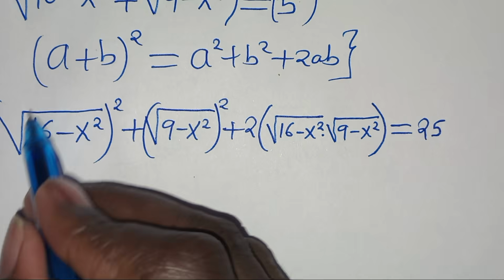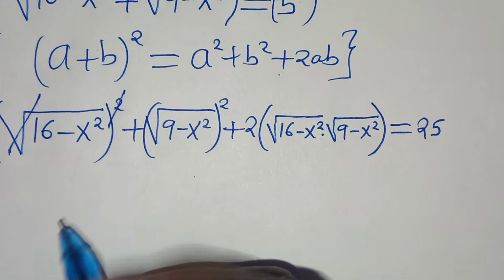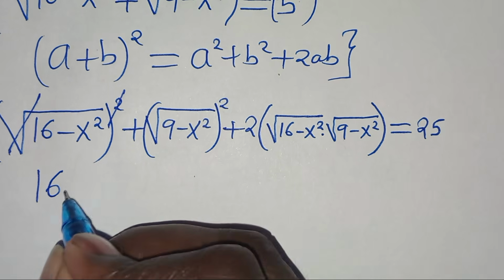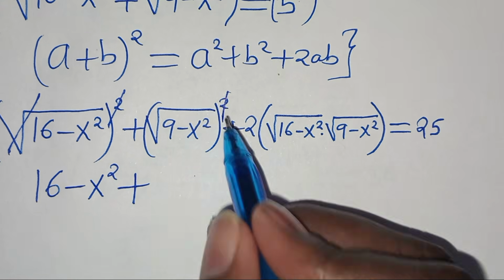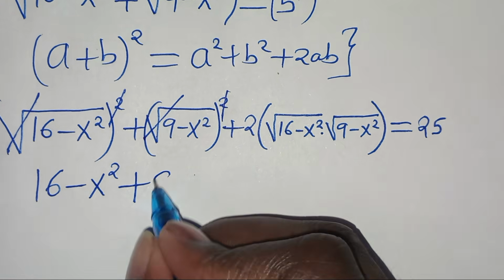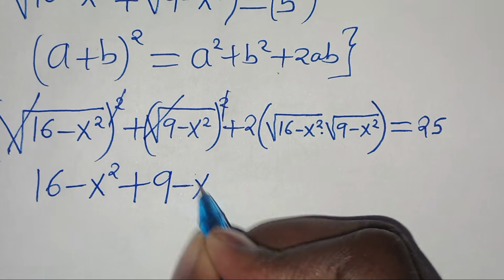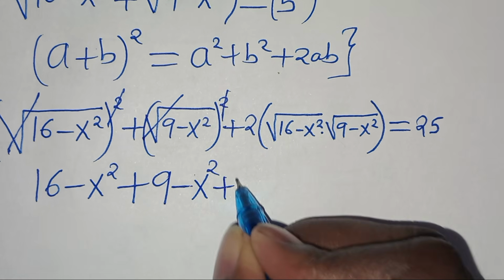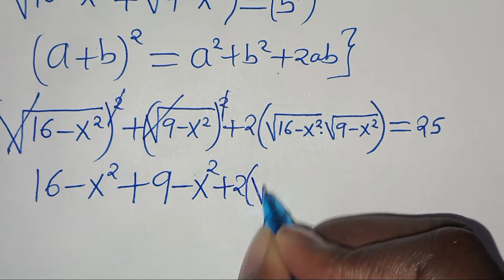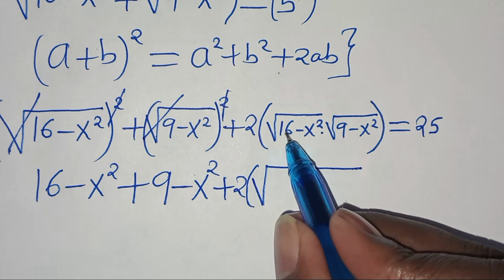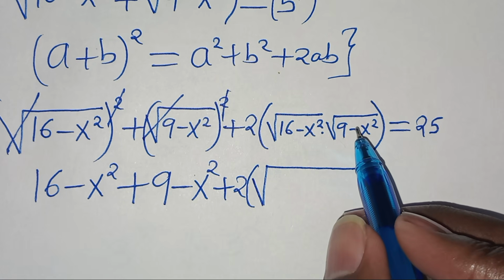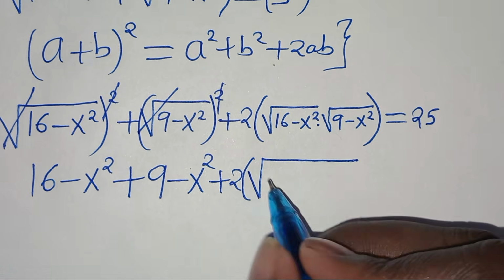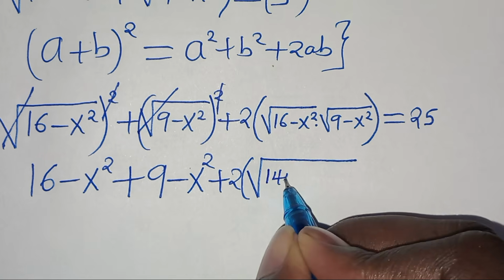So we can simplify here. We eliminate the square root sign. So this is 16 minus x to the power of 2, then plus, let's eliminate also the square root sign here. So this is plus 9 minus x to the power of 2, then plus 2 into the parentheses. This is the square root of 16 times, we have 16 times 9, and this is equal to 144.